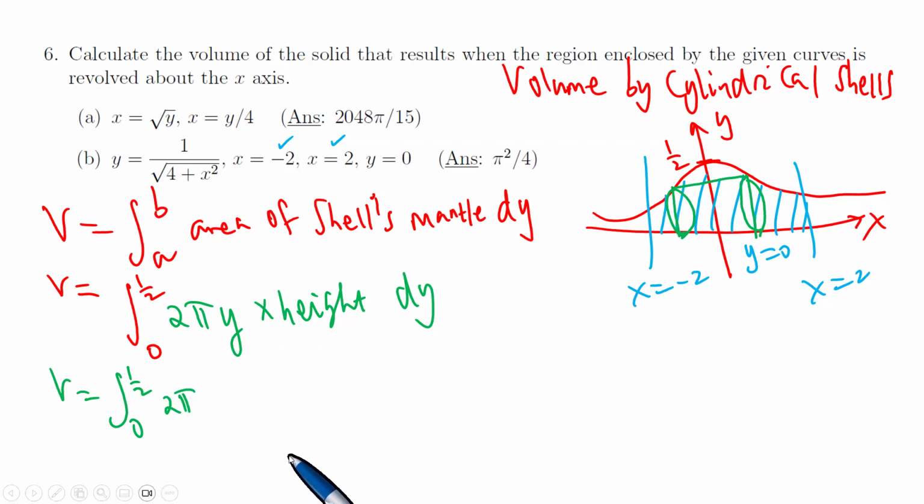What is y? Obviously, our y here is nothing other than the y value here. And the y value here is exactly 1 over the square root of 4 plus x squared.